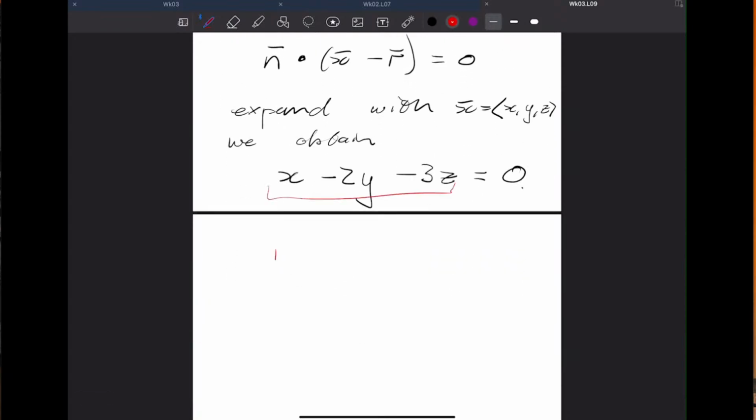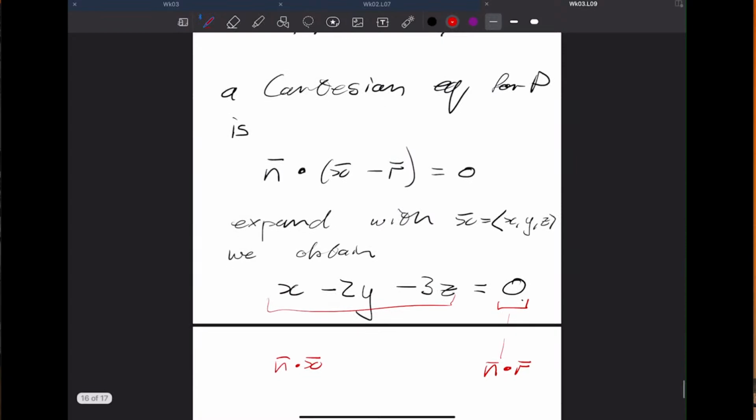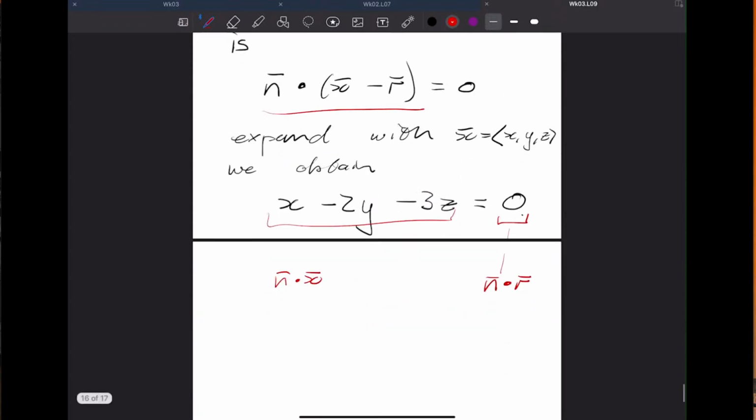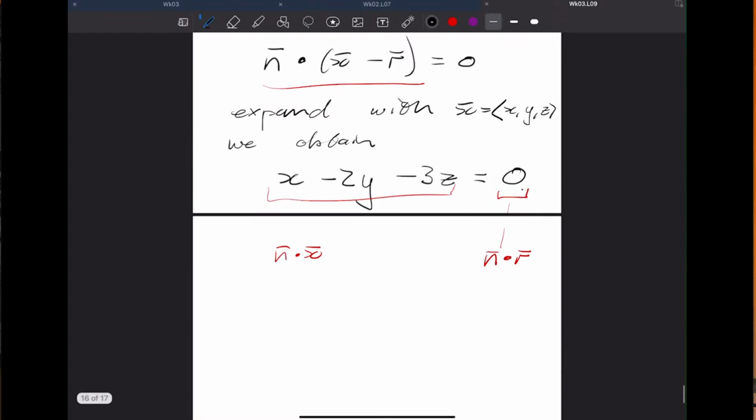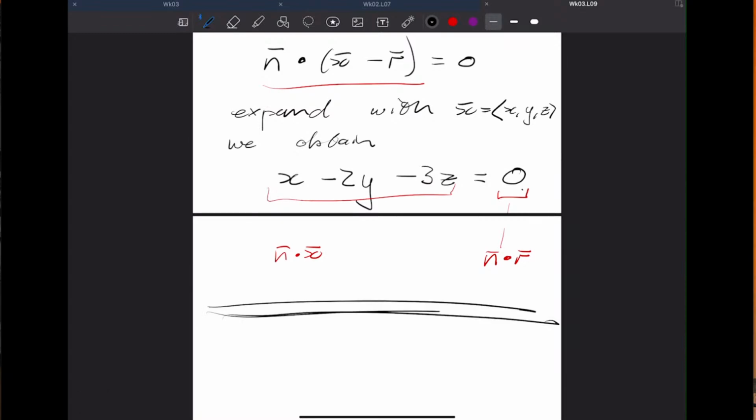That is n dot x, and the 0 is what we get from n dot r. So we expand the left-hand side of our Cartesian equation and take the n dot r across. Here we have a Cartesian equation for our plane P.